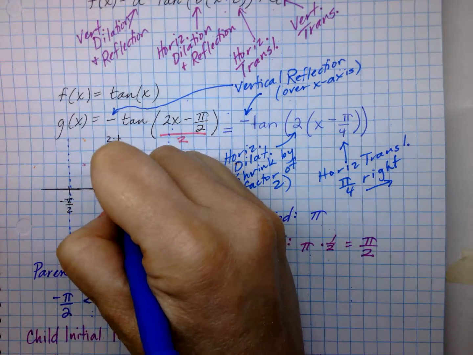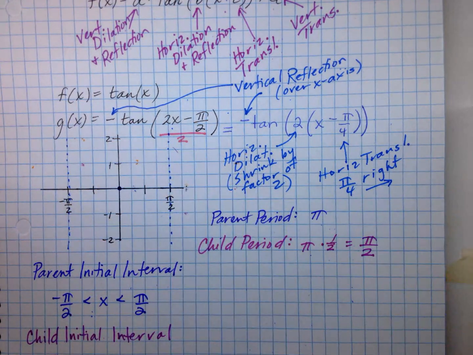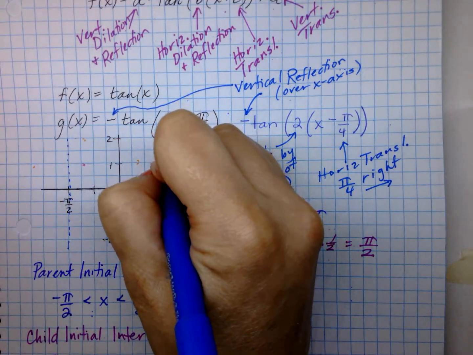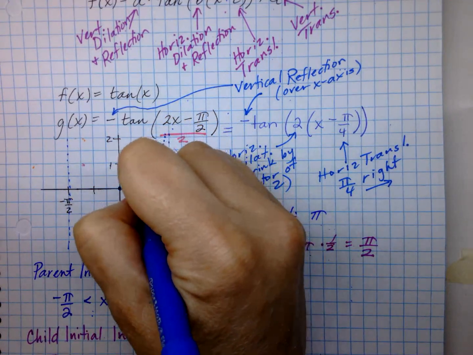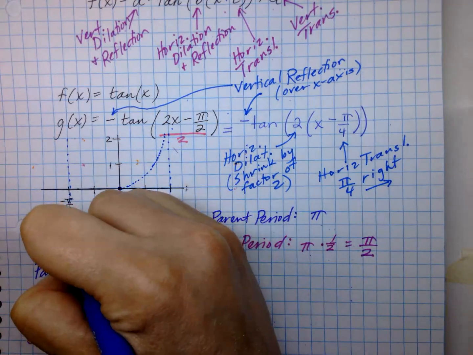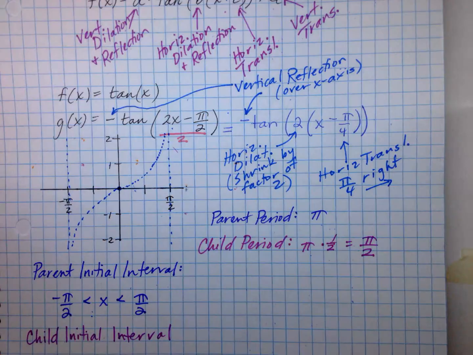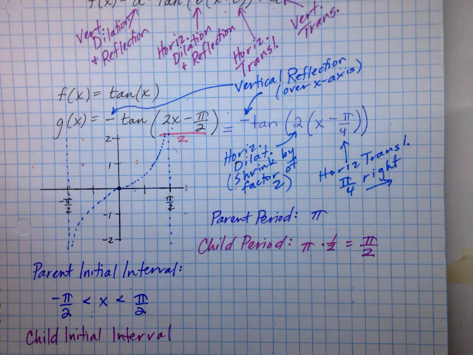It has a point that passes through right there at the origin, and then it looks like curving up on this side and curving down on this side. Something along those lines, okay? Not perfect, but that's pretty close. Okay, there's the parent function.